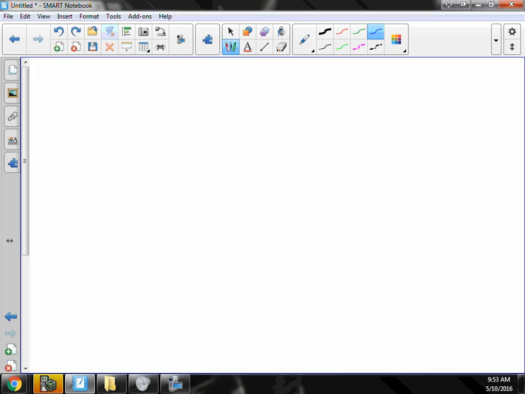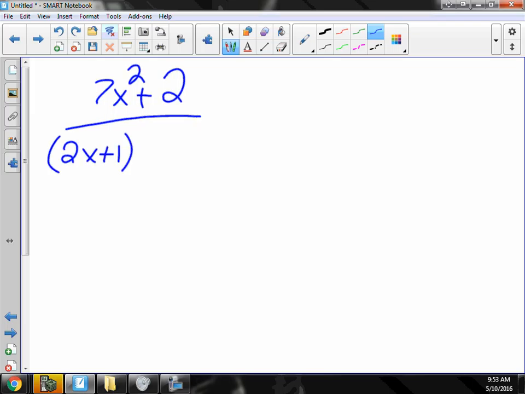So example 4, 7x squared plus 2 over 2x plus 1 and x squared plus 1. Does the denominator factor? No. How many unique factors are there? Just 2. One of them is linear, and one of them is quadratic. So how many partial fractions will there be? Just 2.